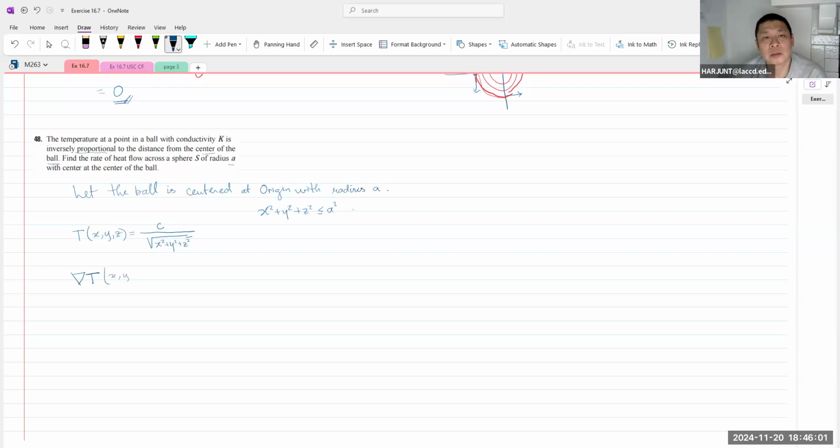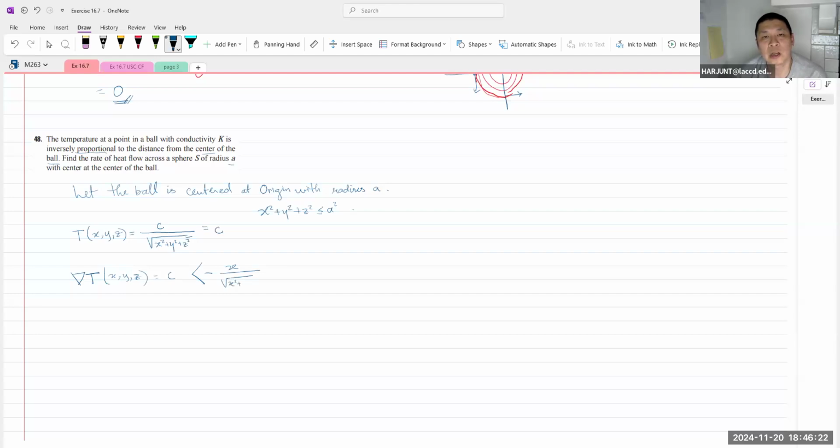how the temperature actually flows will be c times the derivative with respect to x, which will be negative x over square root of x squared plus y squared plus z squared, cubed.